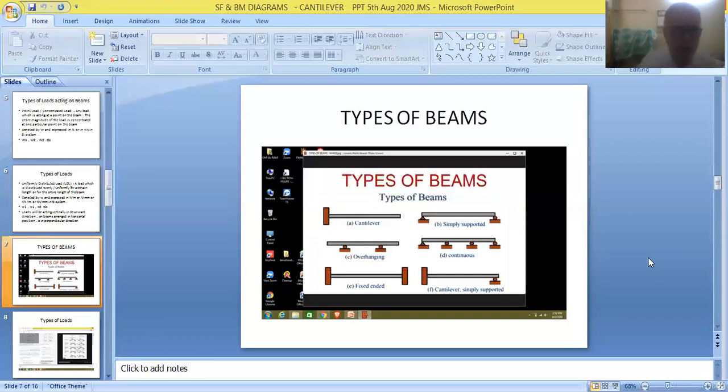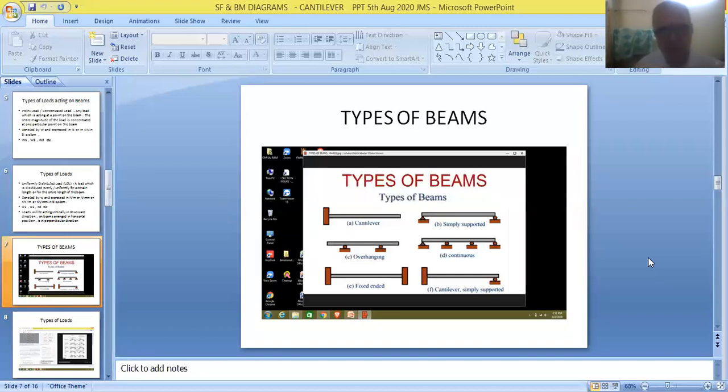This is the extension on the left side of the beam, and this is the extension on the right side. All these beams are referred to as overhanging beams. This beam, provided with extensions on both sides, is called an overhanging beam with two extensions.